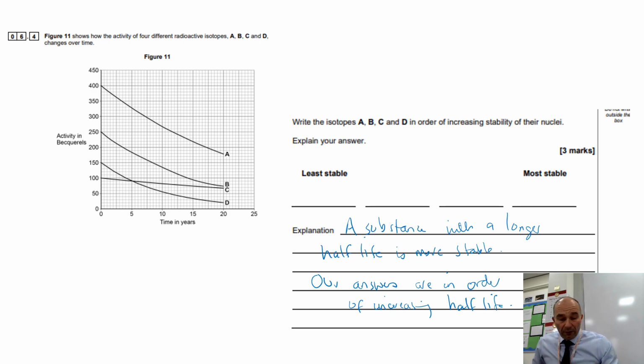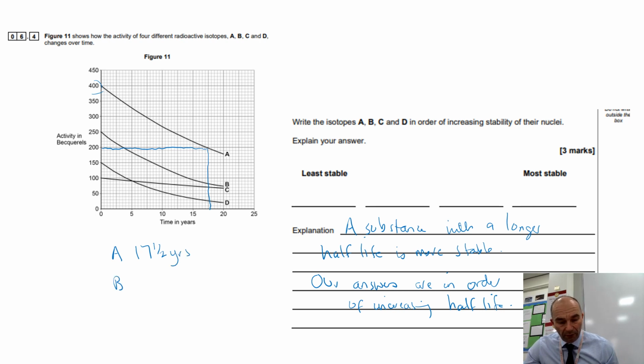So what I would do with this question is calculate the half-life. If we take sample A, we're starting at 400, we need to go to 200. So if we do a line across there and go down, that's going to give us a half-life for sample A of about 17.5 years.